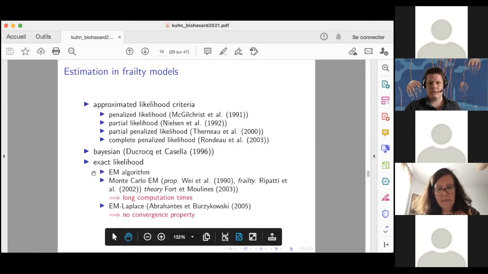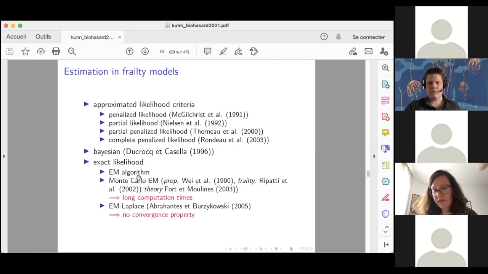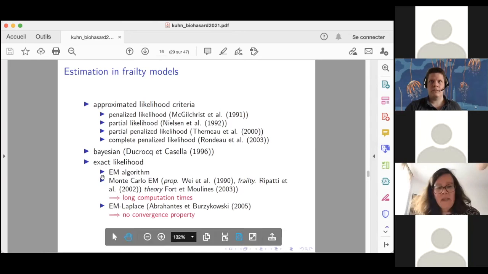So in the EM algorithm itself you do no approximation, but you cannot use this EM algorithm in complex settings. You can perform EM if you choose a gamma frailty distribution, and in other settings it's not possible.